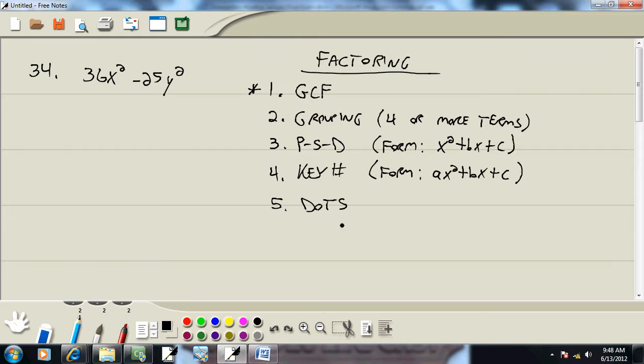And then our last one, difference of squares. I abbreviated. And this is when you have 2 terms with a minus between them. Now these are the 5 important ones.